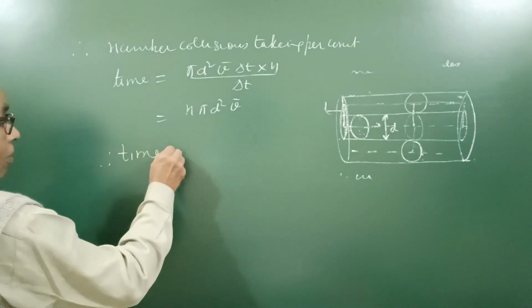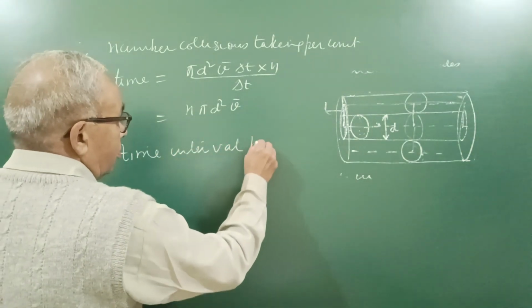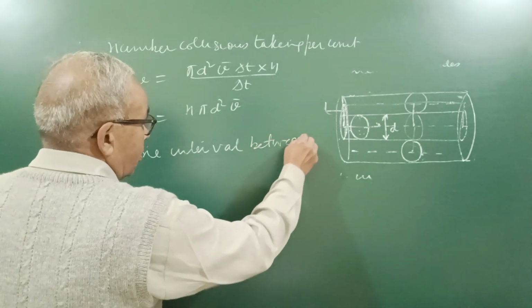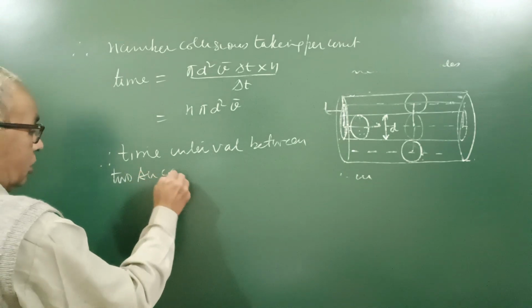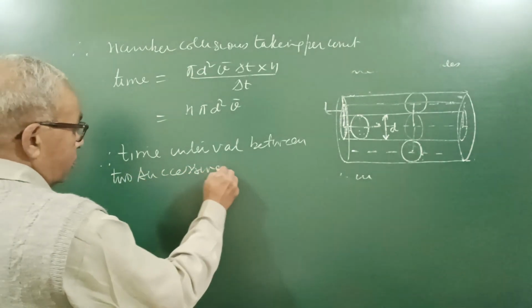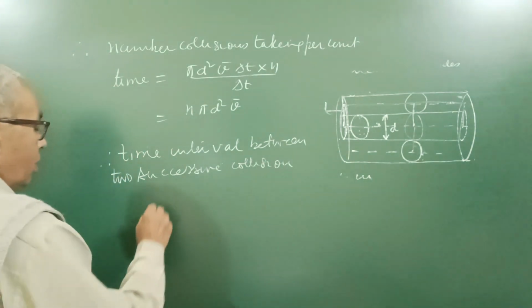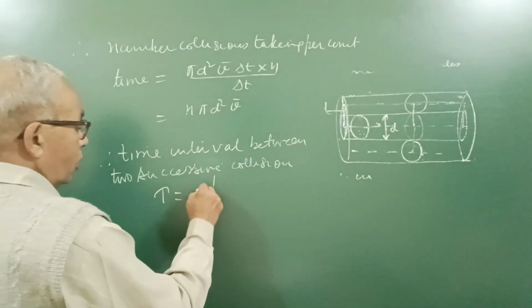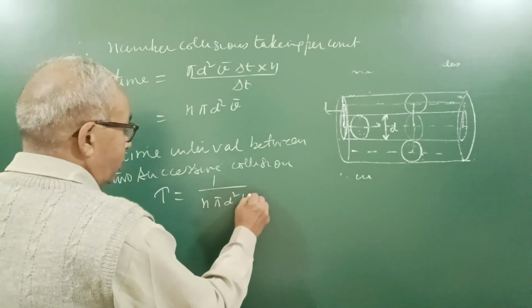Hence the time interval between two successive collisions, small tau, is equal to 1 upon n pi d square v bar.